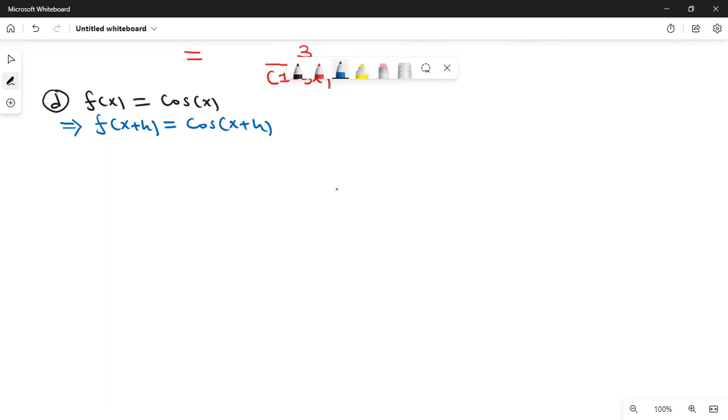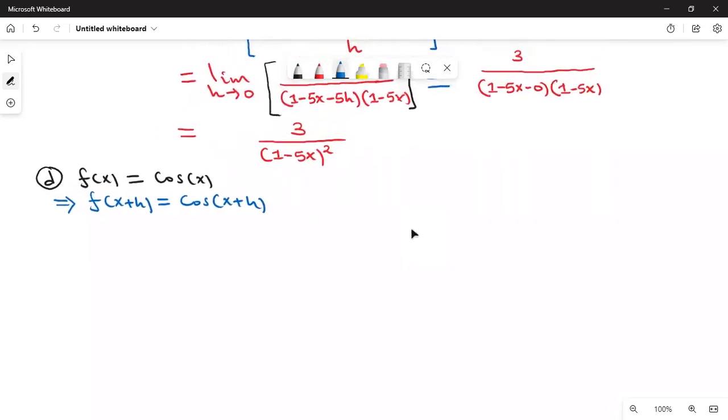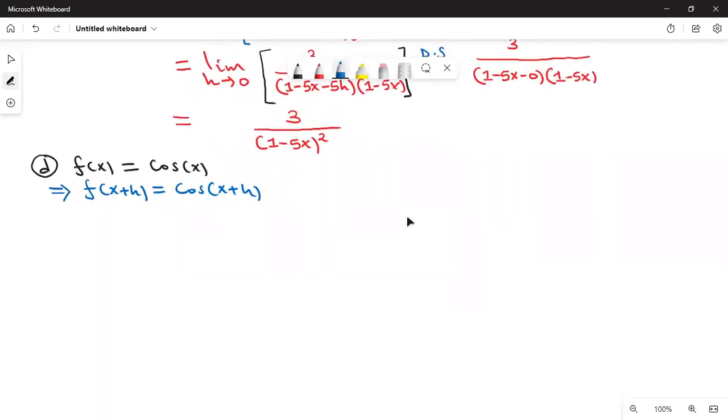I want us to recall the identity, what we call the addition formula. Addition formula for cosine, cos(A plus B).